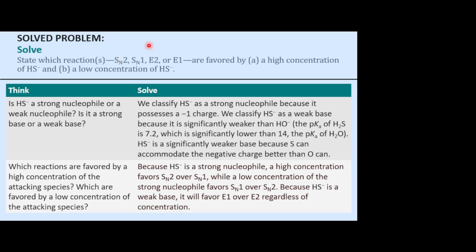Okay, what if we have it at low concentration? It'll favor the SN1 over the SN2. Now, again, it would favor the E1 over the E2, regardless of concentration.